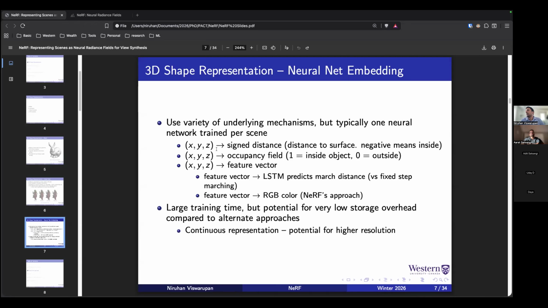There are different ways. You can train a neural network to give signed distance. You give a point in space, and you can query the neural network to give the distance from that point to the surface of the object.